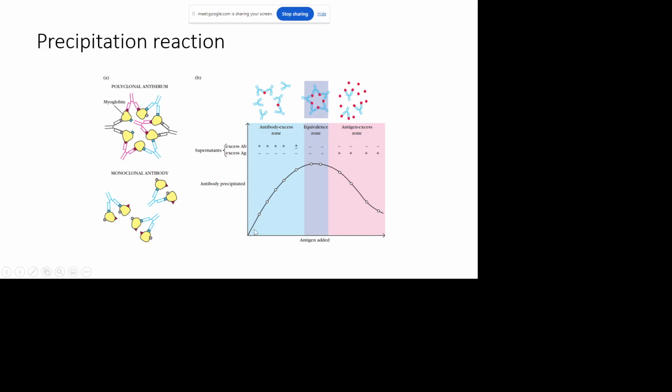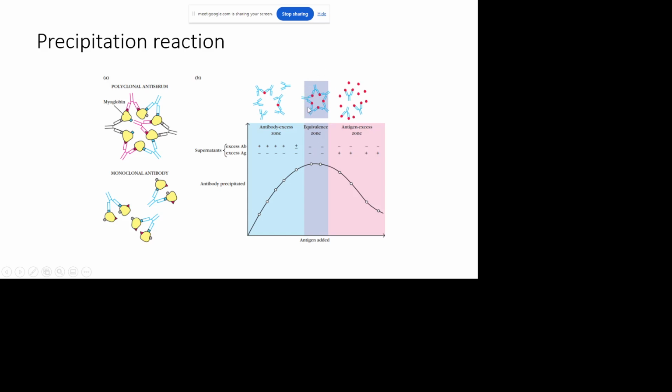Then when you keep adding the antigen, the precipitation level will increase, because once you start adding the antigen, some of them will make a cross link and give you precipitation. So gradually it will increase upon addition of the antigen, and when it reaches the equivalence zone, it will have a peak, because at the equivalence zone antibody concentration equals antigen concentration, right?